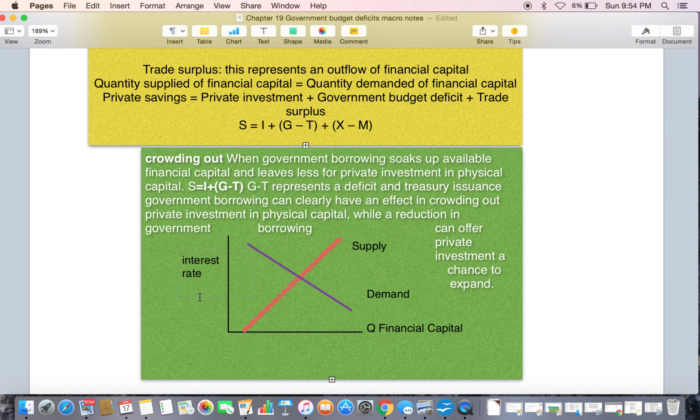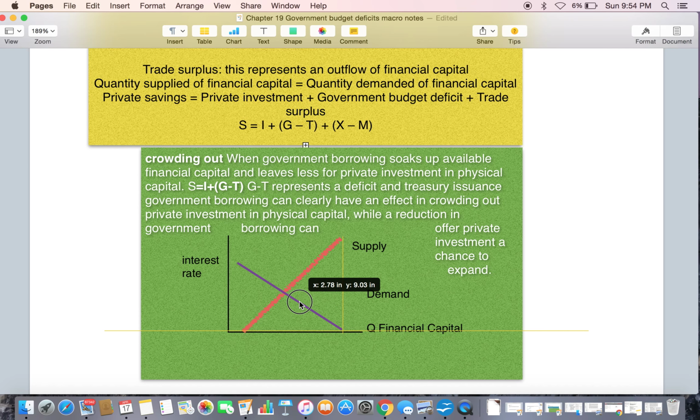Now, if interest rates rise high enough, that project may no longer become profitable to them. And so some private investment might drop out. Some projects might become no longer feasible due to higher interest rates. And so this is essentially what crowding out is. Crowding out doesn't always happen. It's just a potential scenario that when the government borrows, it may crowd out private investment.